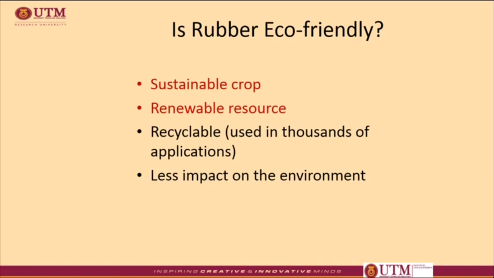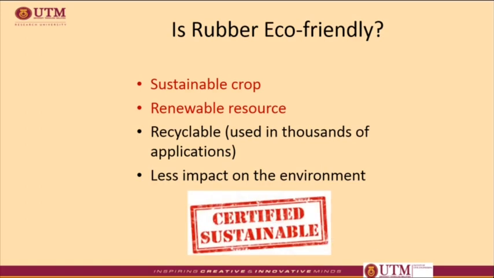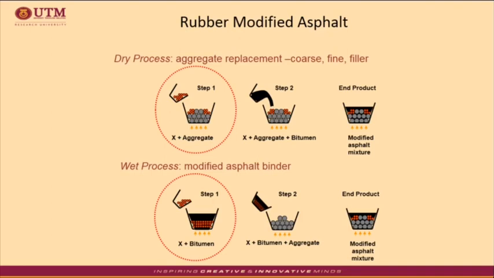So, is rubber eco-friendly? Yes, of course, it's sustainable. However, when rubber is discarded and not managed carefully, only then can rubber become harmful to the environment. Therefore, various applications of rubber should be investigated further to fully utilize the rubber, and one of them is in the road industry. So, how is the rubber added to the asphalt mix?